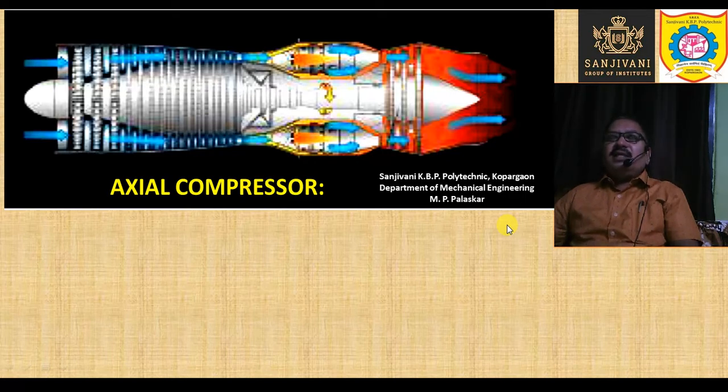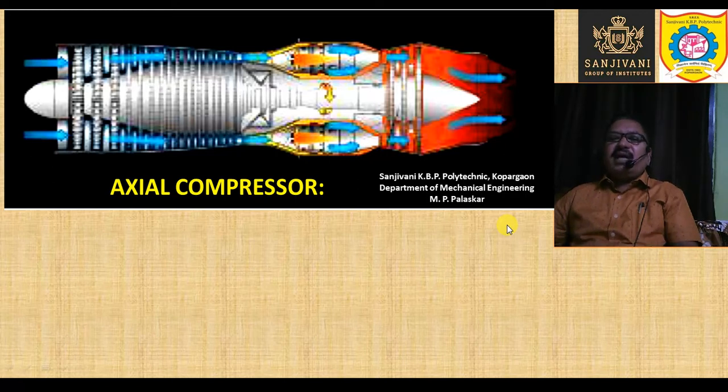We have already studied one non-positive displacement type rotary compressor, that is the centrifugal compressor. But the difference between the centrifugal compressor and the axial compressor is that in the centrifugal compressor the air will flow in the radial direction and later on in the tangential direction.